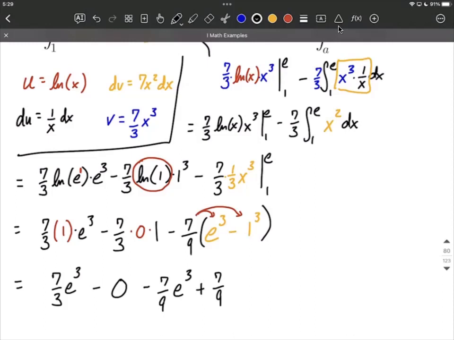I think we can get to a little bit better solution if we go ahead and get a common denominator across the board. We're dealing with fractions. We already have 9 and 9 for 2 of our fractions. Let's go ahead and make the first fraction into a 9 for its denominator as well. So to do that, we'll multiply by 3/3. It's like multiplying by 1. And that's going to give us that common denominator of 9.